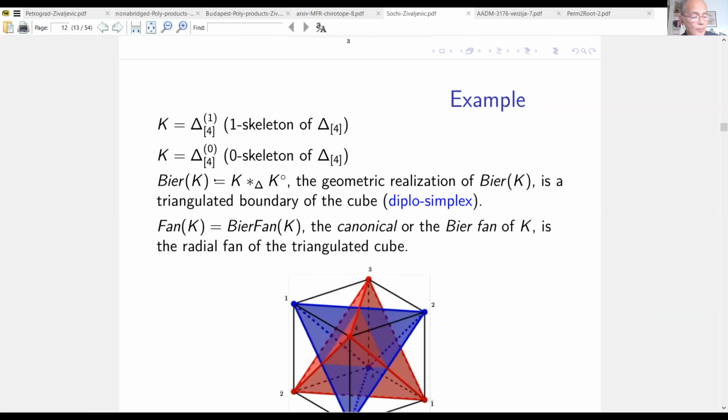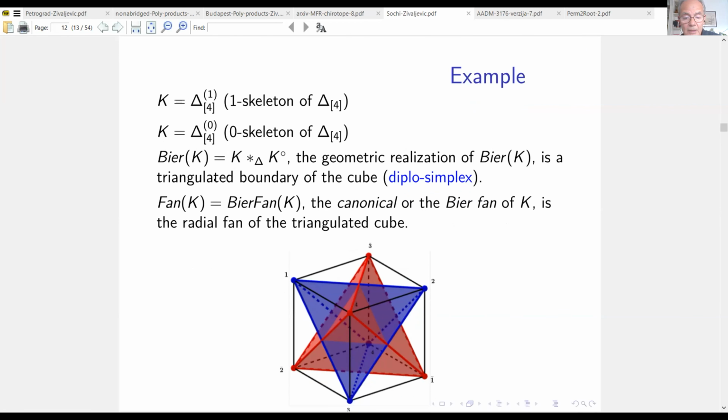This is one example, but since the time will go very quickly, maybe I will briefly explain this picture. This example is important to understand before I proceed. So this is an example where I take a simplicial complex K on 4 vertices and take the skeleton.